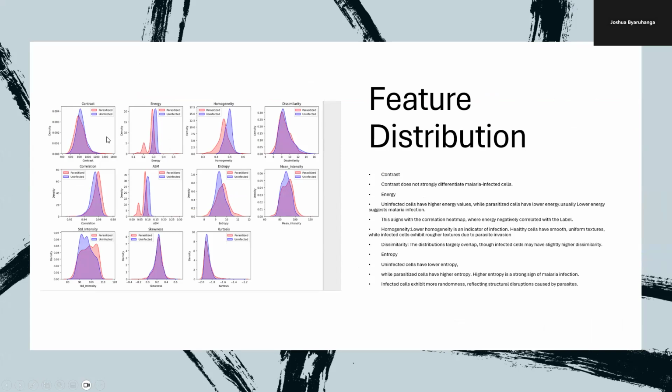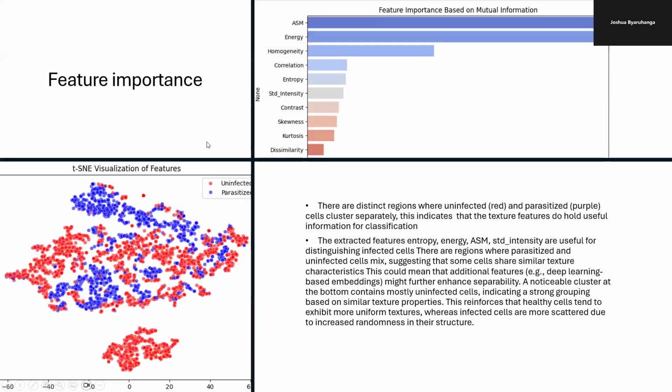Then contrast does not strongly differentiate between the affected and unaffected malaria samples. Under feature importance, you can see that ASM and energy are the most influential features. So of these two, we shall have to eliminate one and remain with one, since they have the same feature importance.